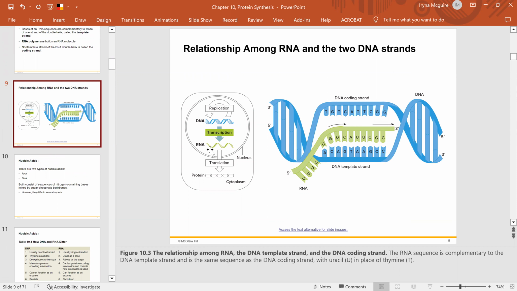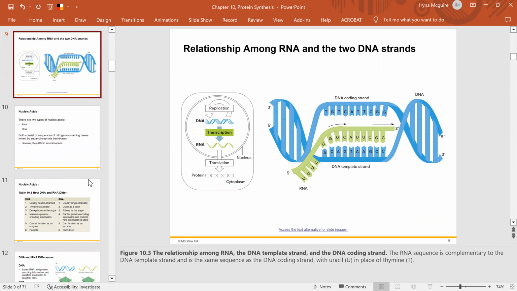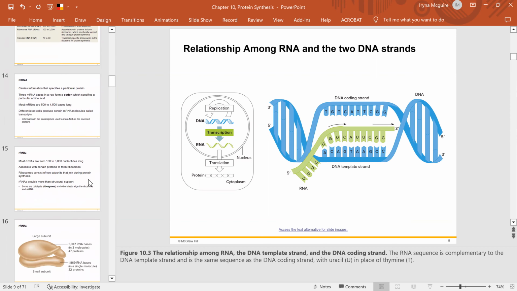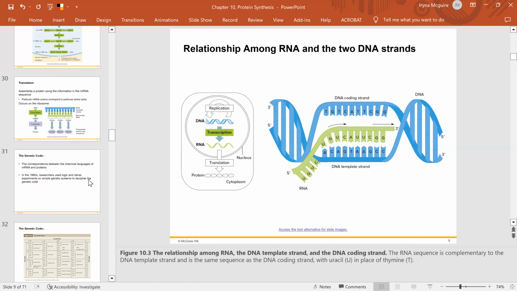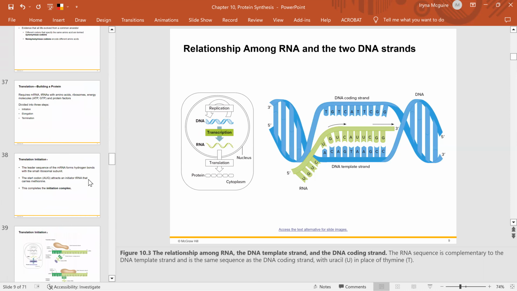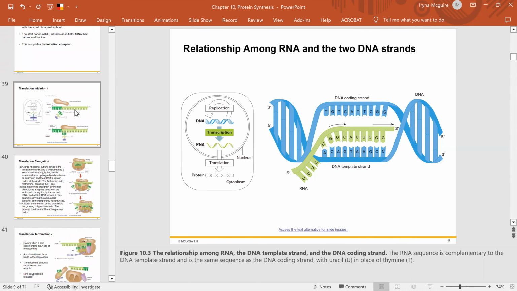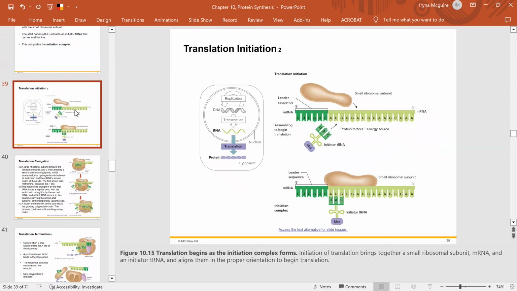So we made this mRNA, and now we know this mRNA has codons, and those codons, three letters of nucleotides, code information for a specific amino acid. So next, we need to move to translation.